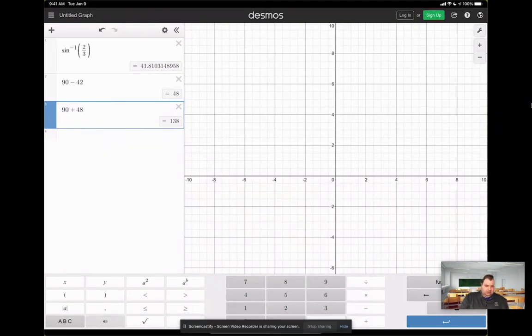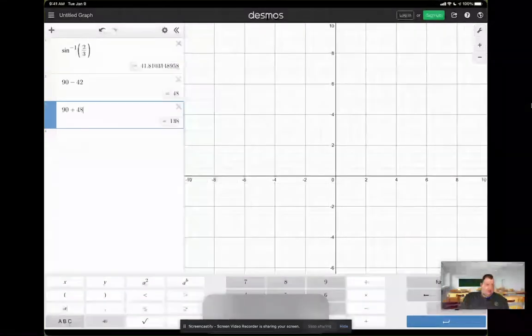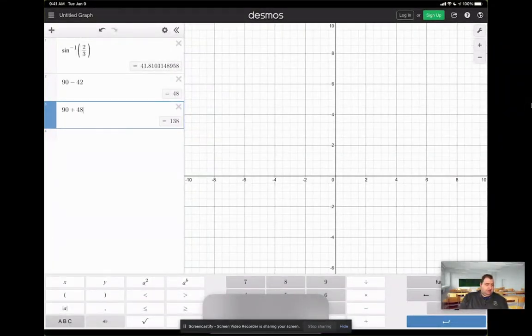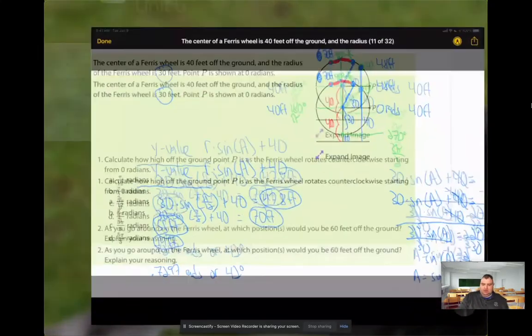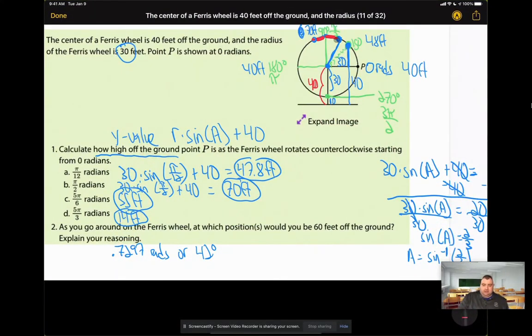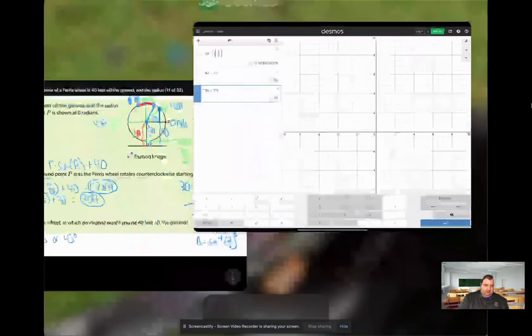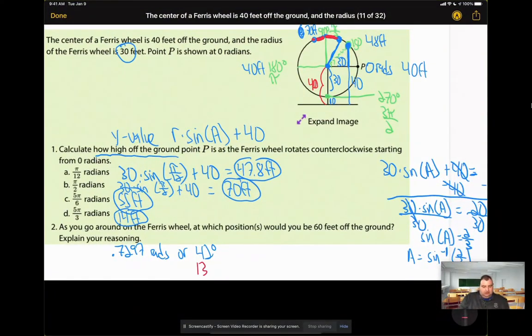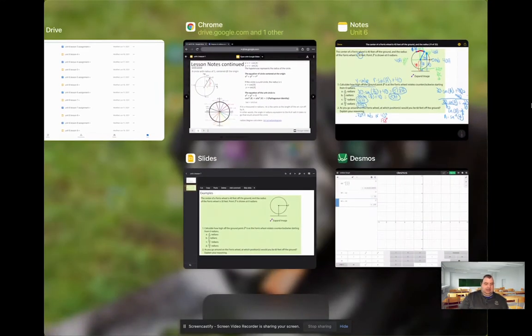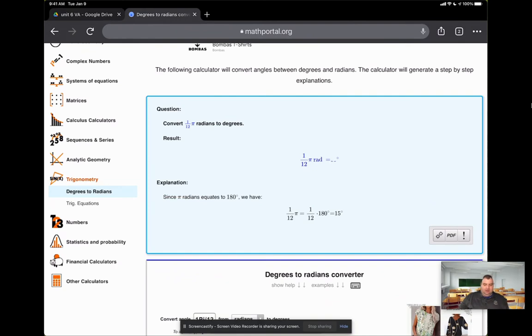Okay, so basically to sum up what I did here, when I did the inverse sine of 2/3, I got 42 degrees. There's 48 degrees between 42 and 90, because 90 minus 42 is 48. So now I have to go 48 degrees on the other side of 90, and I got 138 degrees. And now I can convert that to radians if I want it in radians.